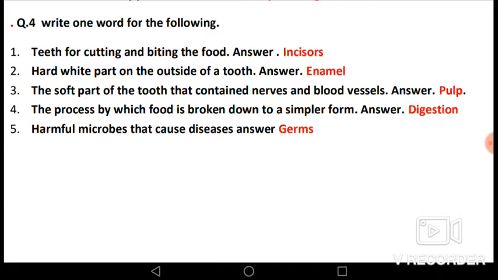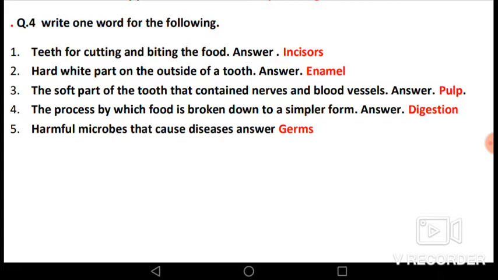The second is hard white part on the outside of a tooth, which is called enamel. Third, the soft part of tooth that contains nerves and blood vessels. The answer is pulp, which lies inside the dentine and which forms central part of the tooth.